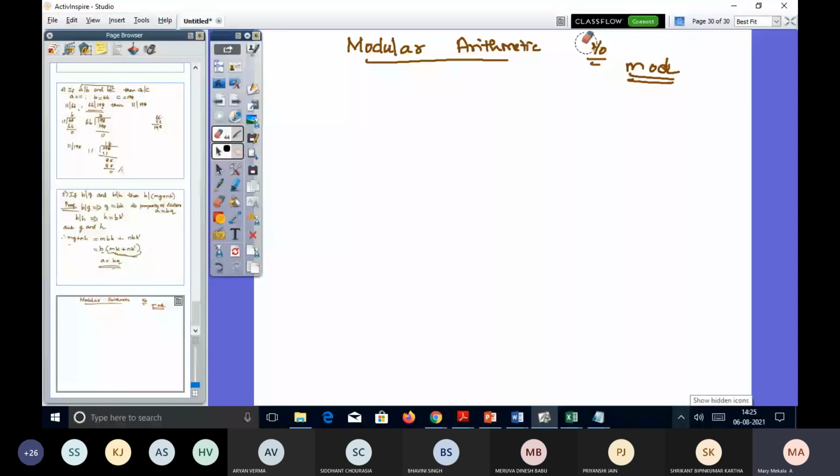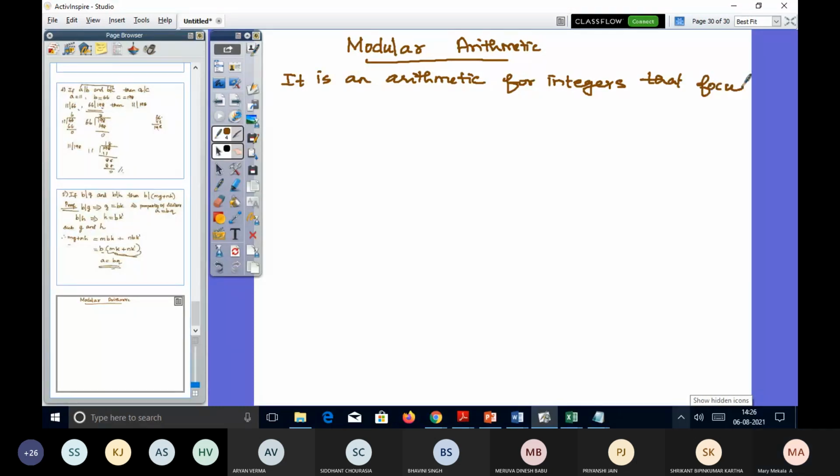So you can give a definition for this modular arithmetic: it is an arithmetic for integers that mainly focuses on the remainder.